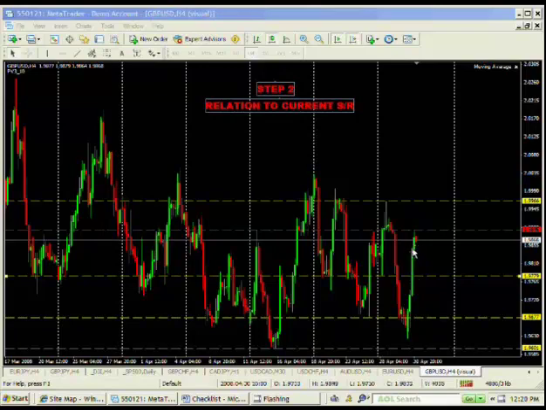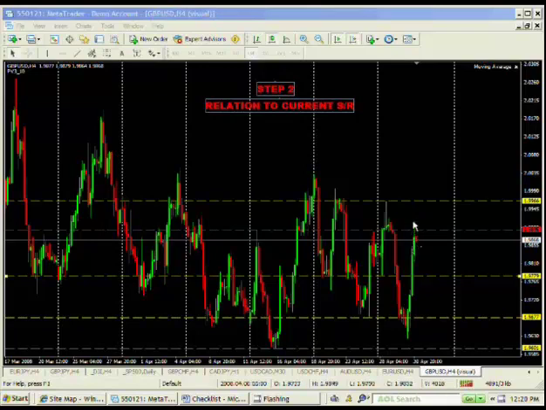But we also know it's time to put this pair on our focus list or our hot list, because we have or are currently in the process of testing overhead resistance. And if it's going to turn and head back down, it's going to turn within the range of overhead resistance. And as we've already mentioned, our safest trade is going to be looking for a short trade.